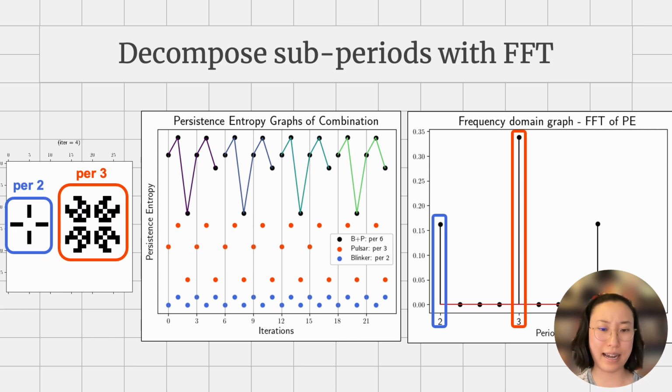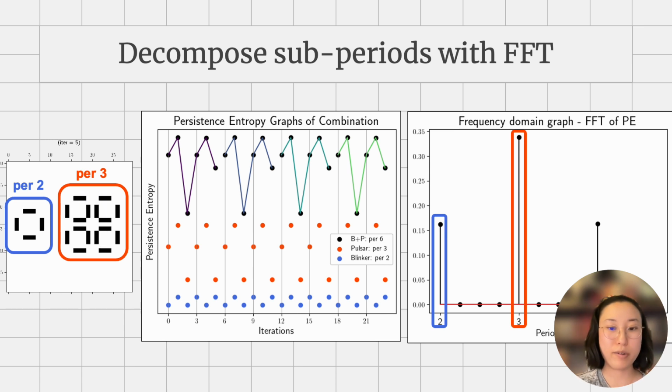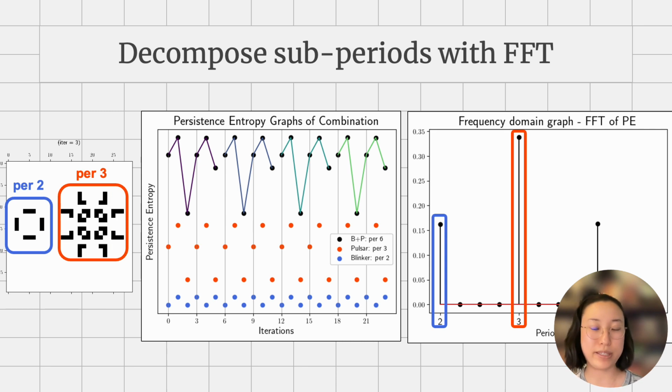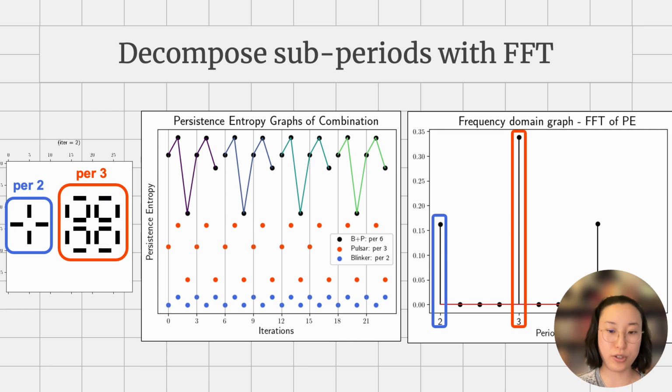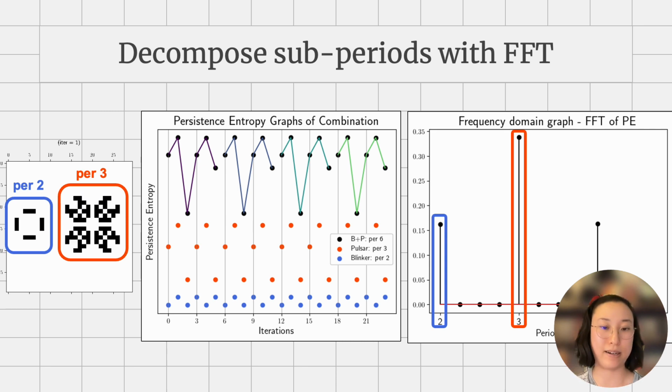So you can see that when we took that combination period 6 persistent entropy graph and we did the fast Fourier transform on it, we were able to recover in the frequency domain the period 2 and the period 3 subperiods that composed the combination period 6 pattern. So that was a really cool finding.